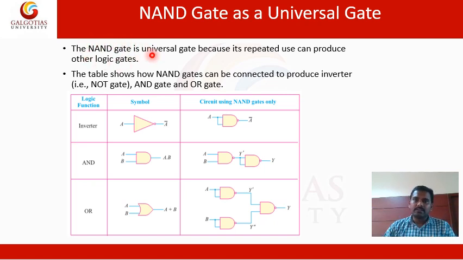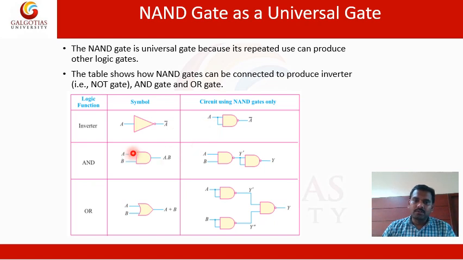So the NAND gate is the universal gate. Here we can see that we can design an inverter gate, that is the NOT gate, by using a NAND gate. If we use only one NAND gate, it will be equivalent to an inverter, that is the NOT gate.